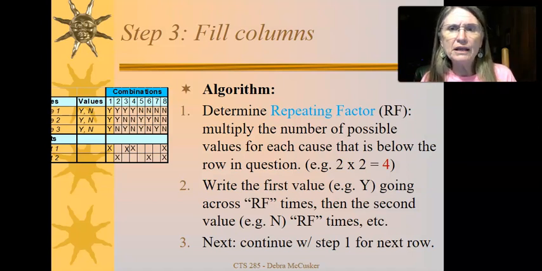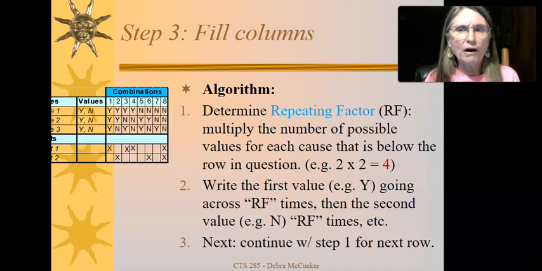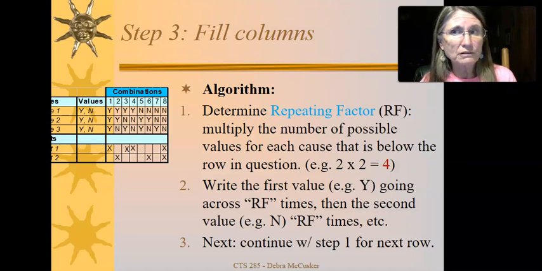And the repeating factor is obtained by multiplying the number of possible values for each of your causes on the rows that are below the row in question. Now, that's a lot of words. Let's try to look over here and see what we mean.